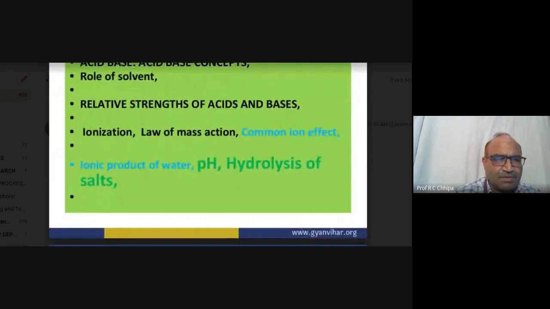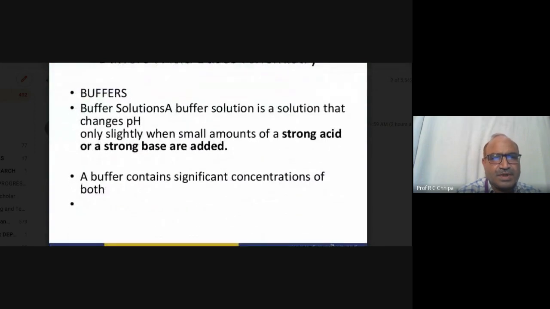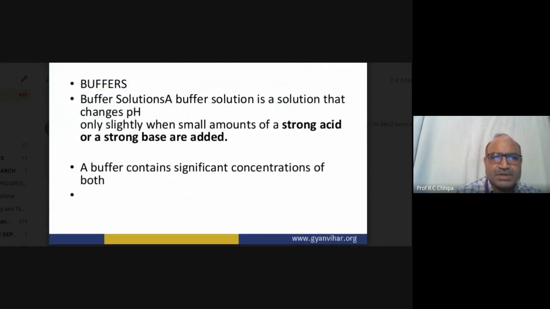Now we continue with the buffer. We have another definition: a buffer solution is a solution that changes pH only very slightly when a small amount of strong acid or strong base is added.